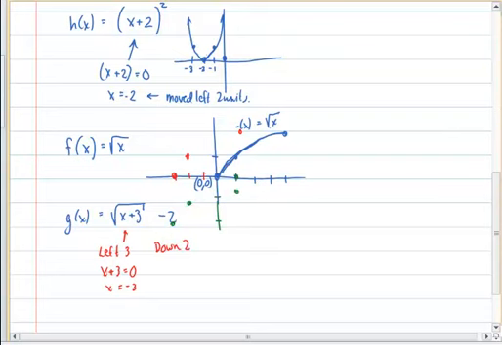Actually, that should be right here, because this point was at, in red, positive 1 comma 2. So now when it's moved down 2 units, it should be here at the origin. So this is how my new function should look. And I would write right next to it that this is g of x, which equals the square root of x plus 3 minus 2.